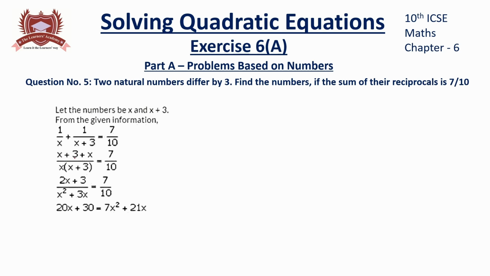Cross multiplying, I get x plus 3 plus x upon x times x plus 3, and it is equal to 7 upon 10.